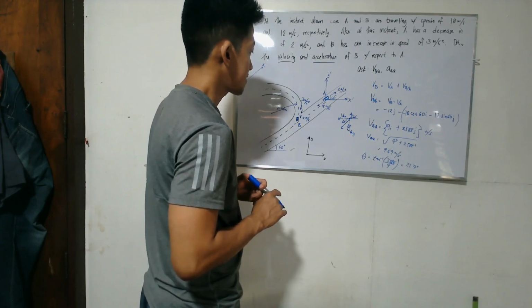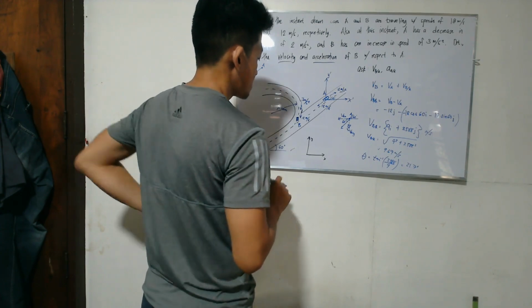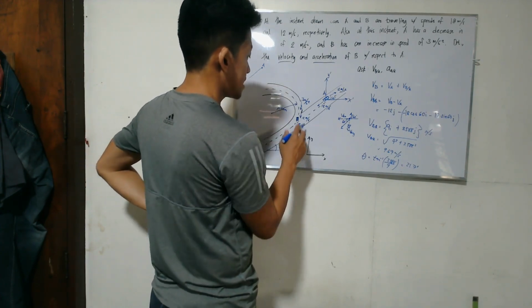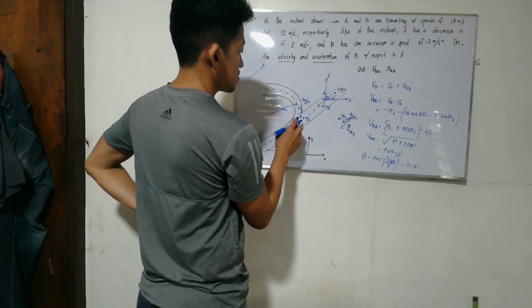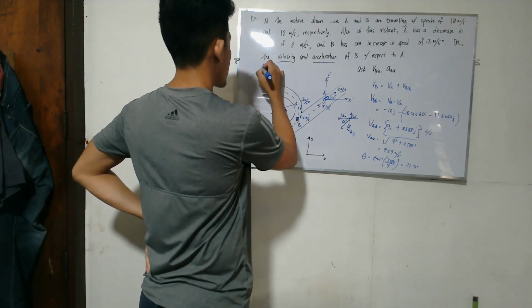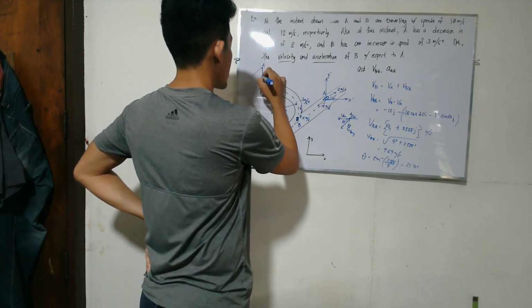Okay, negative 18, and then ang imo ang B is 12. B.